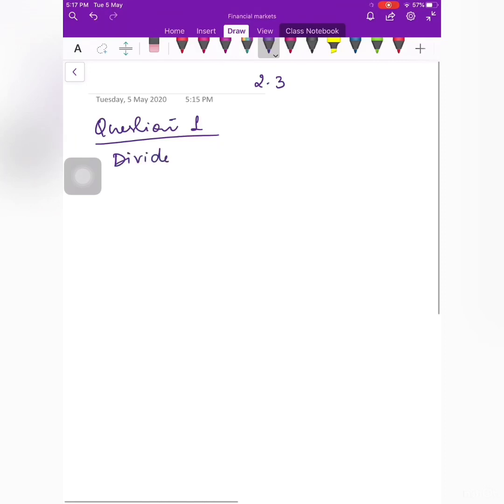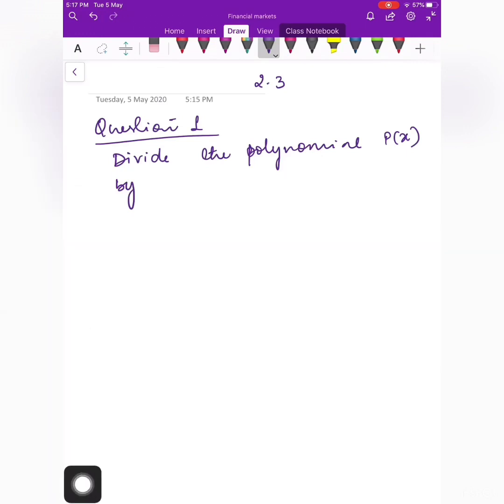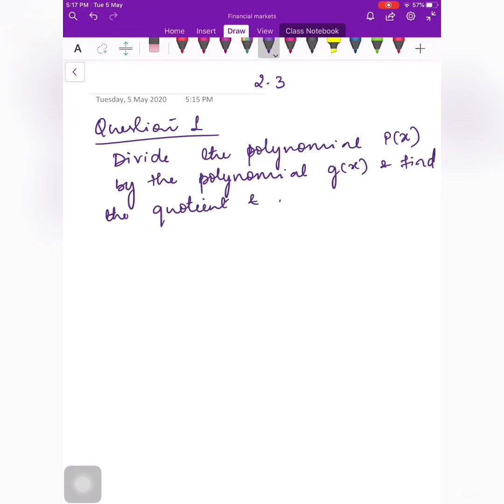Divide the polynomial p of x by the another polynomial g of x and find the quotient and remainder in each of the following.